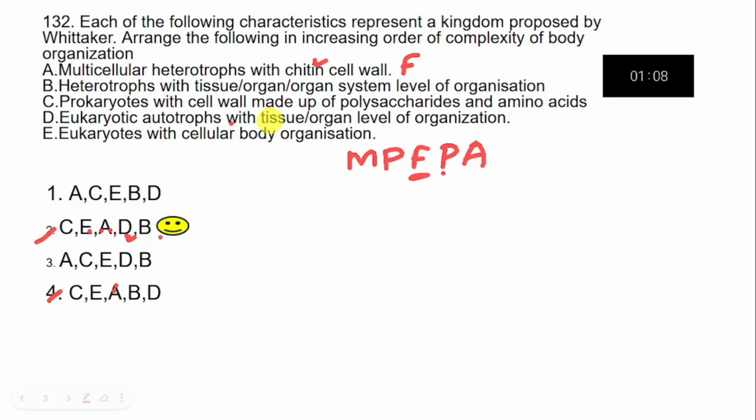And then the last one will be B. B is heterotroph with tissue organ system level of organization. So see, this is the approach. Don't waste your time reading everything and marking it. This is the hint you need to follow.